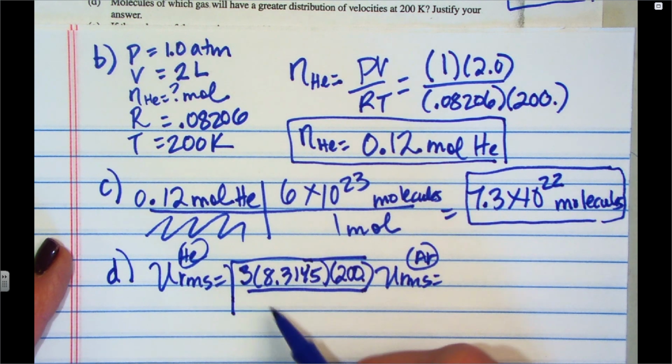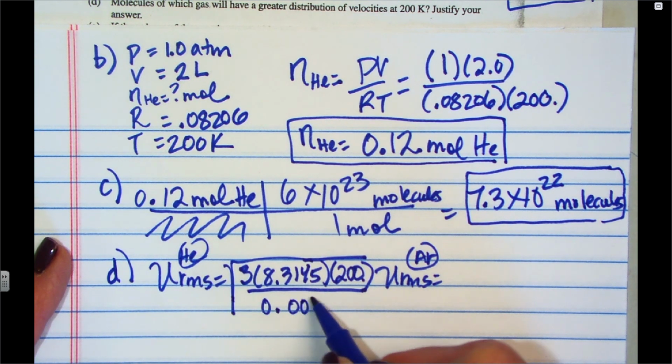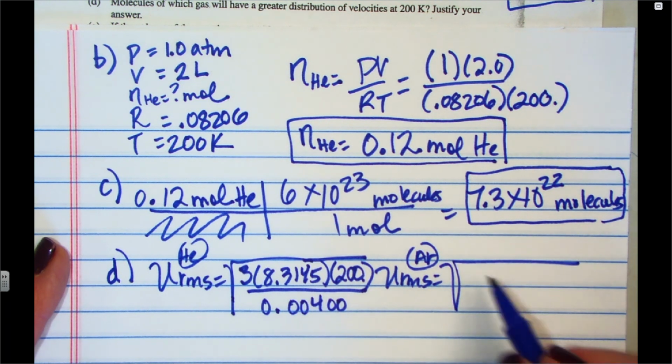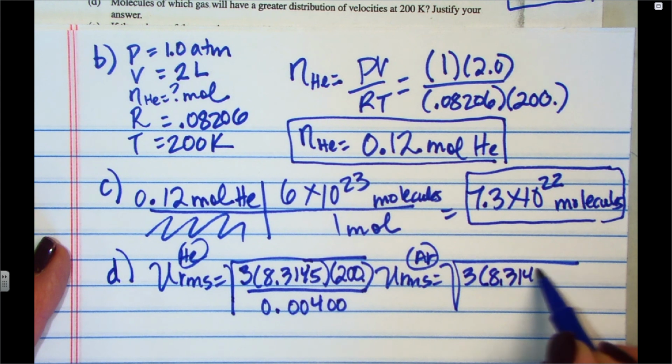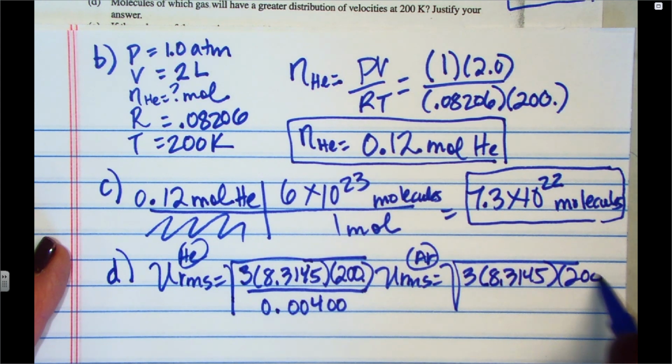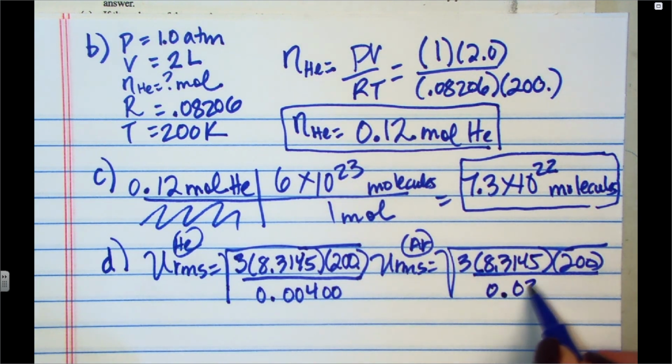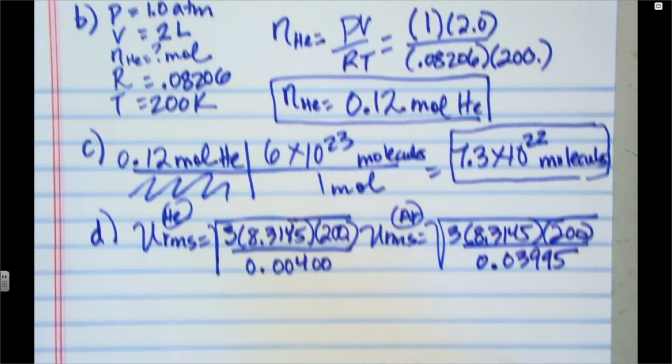So for helium, that will be 0.00400. And if you do the same thing for the argon, you'd have 3 times the 8.3145 times 200, divided by your molar mass of argon in kilograms per mole, which is 0.03995. Again, that's kilograms per mole.